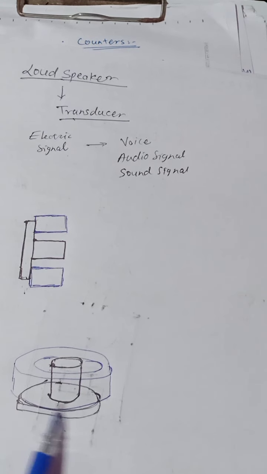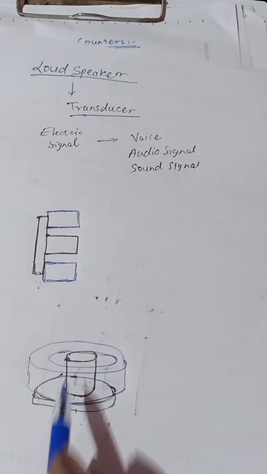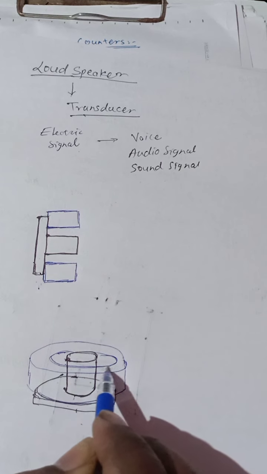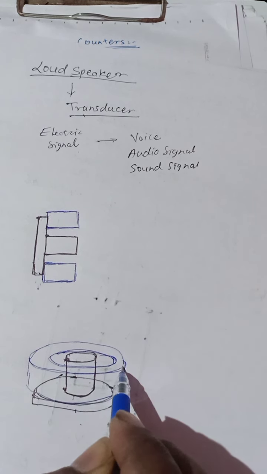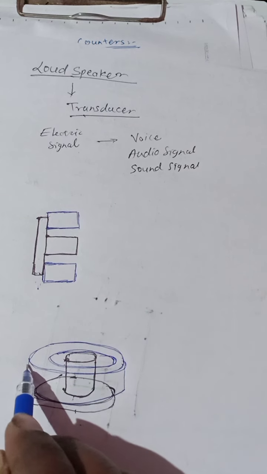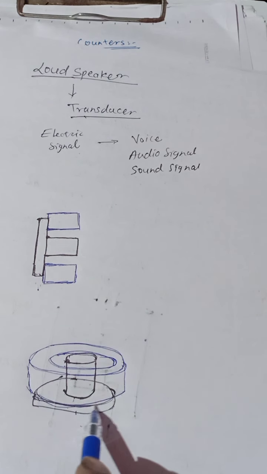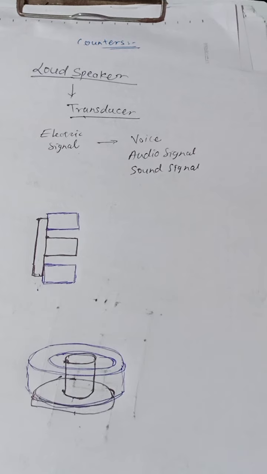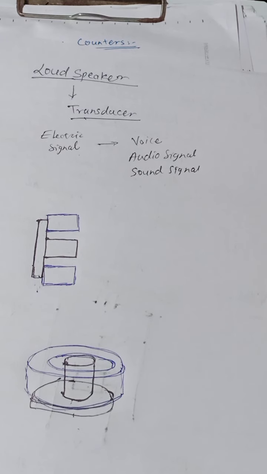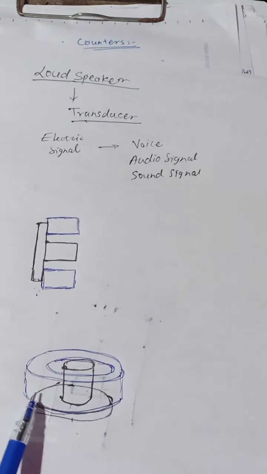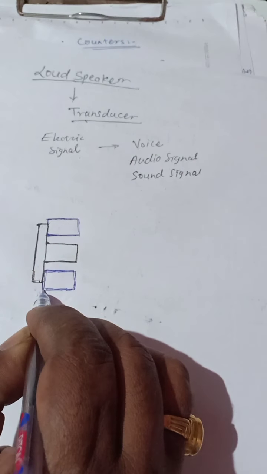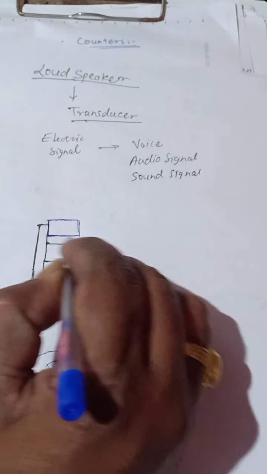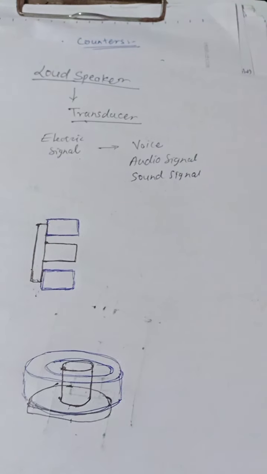I am drawing this so that you can easily understand the structure. I will show the actual construction of the speaker. I have one damaged speaker. This is a permanent magnet in the fashion of a ring type, which is placed here.